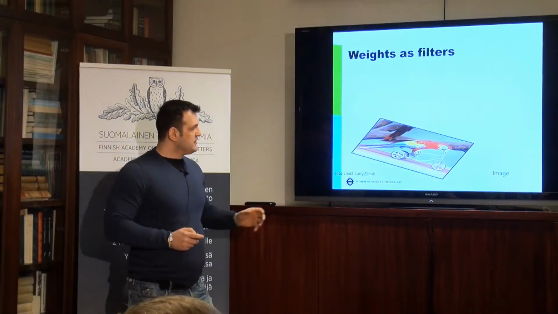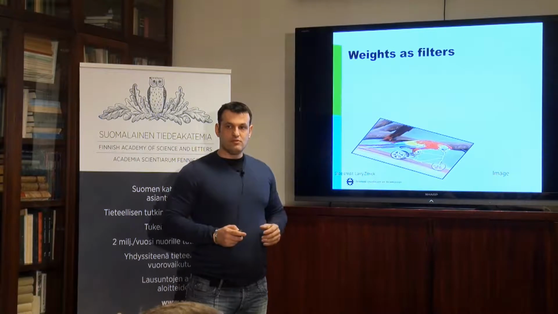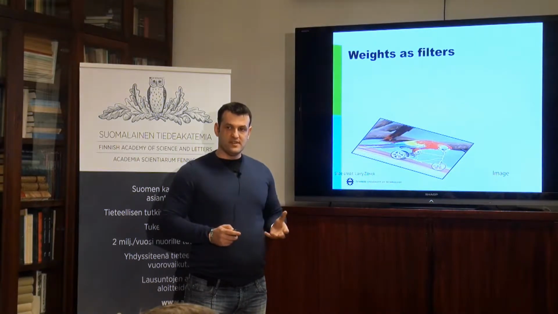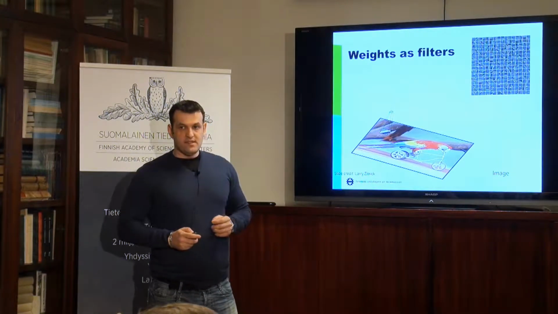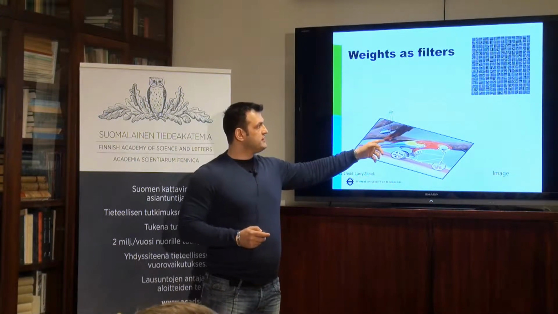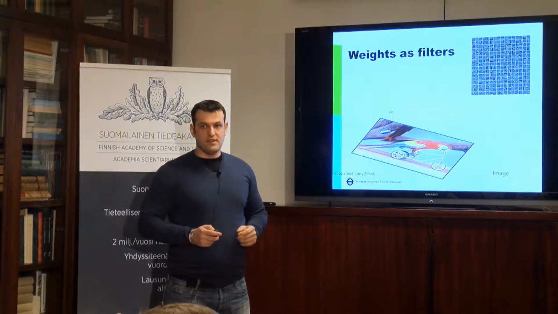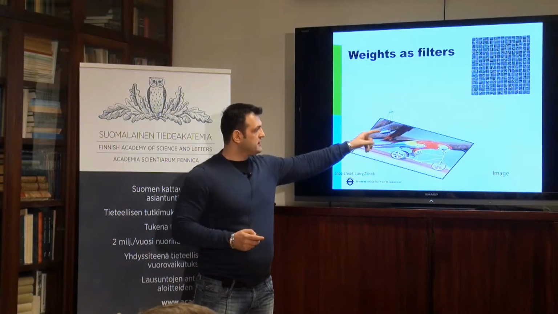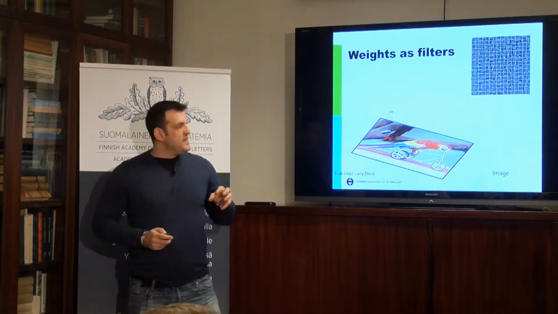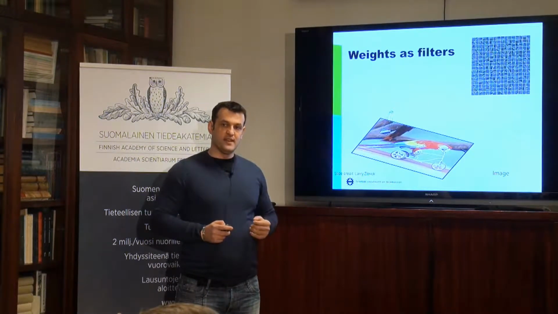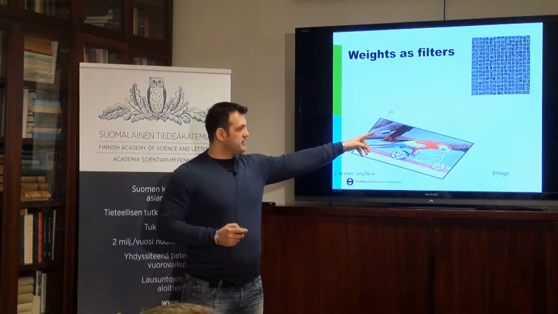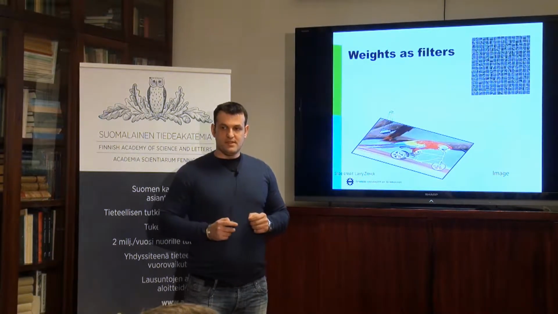As we previously said, we have an image and we want to apply a convolution for the first CNN layer. So we have a set of filters and we want to convolve this image with one of the filters. What we do is that we place the filter on top of a pixel and we multiply the elements of the filter with the intensity values of the neighborhood of this pixel in the image, and we sum up the result.